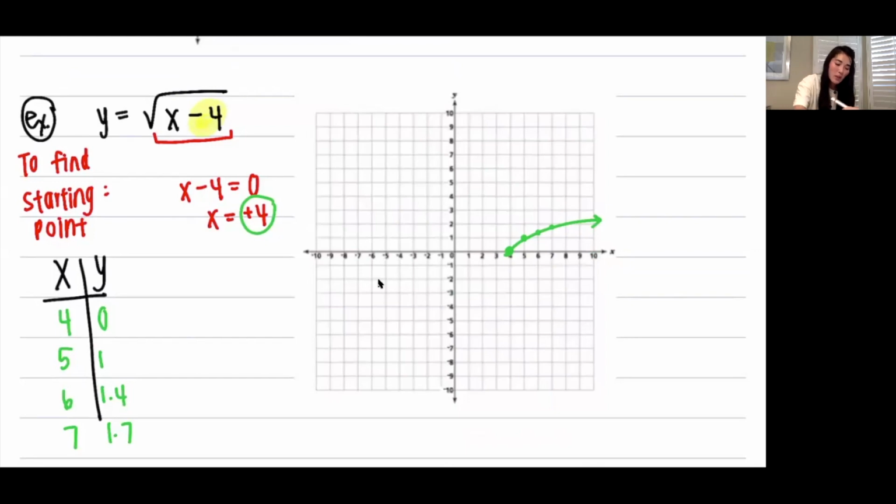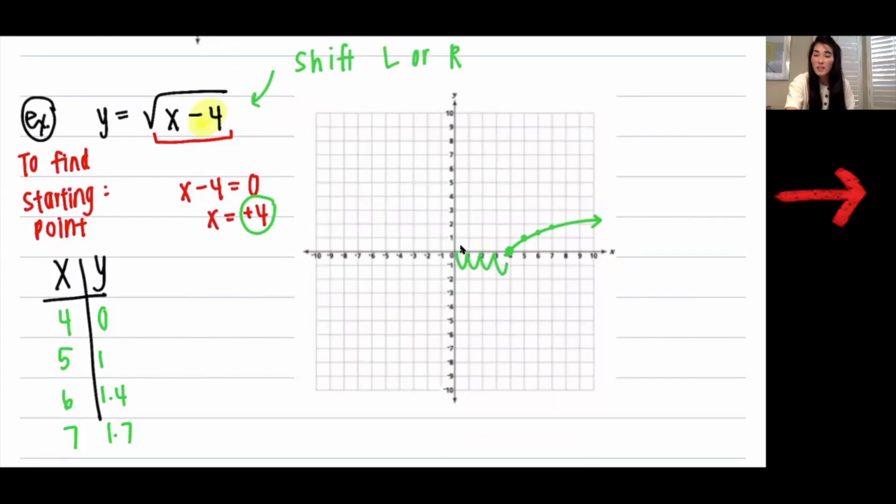So anytime that your number right here is underneath the radical, you are going to have a shift either left or right. Do you guys notice the relationship here? Even though this is a -4, notice that this one shifted over 1, 2, 3, 4 to the right. What do you think it's going to be if it was, let's say, +4?